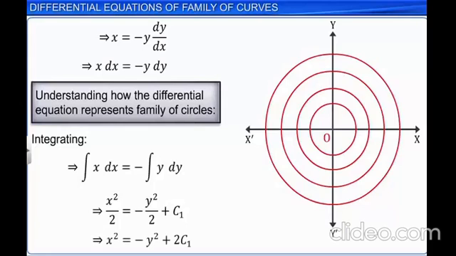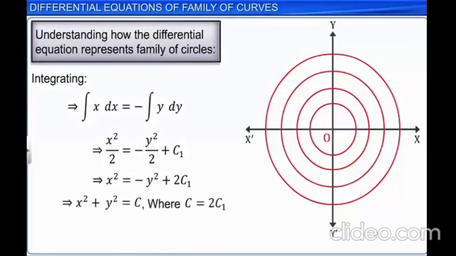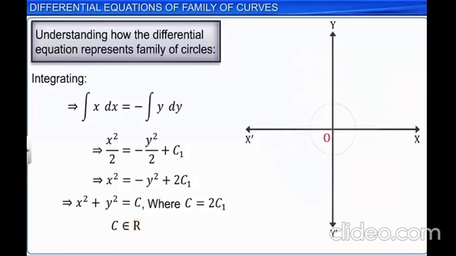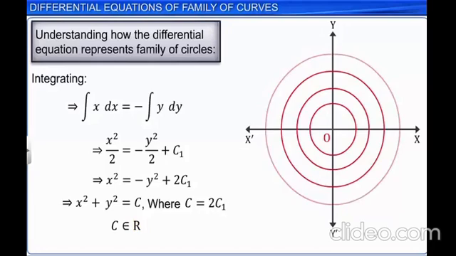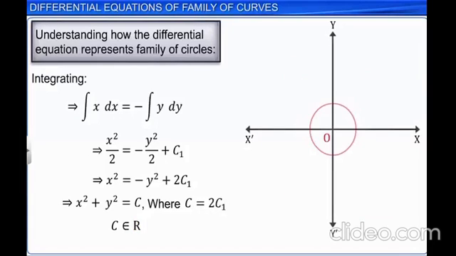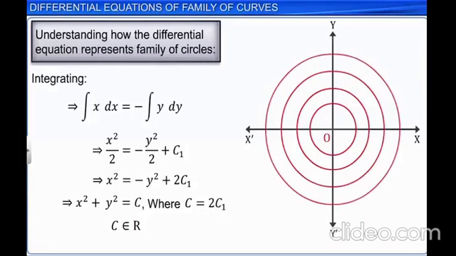This implies x squared is equal to minus of y squared plus 2c1, or x squared plus y squared is equal to c, where c is equal to 2c1. Observe that the constant on the right-hand side can assume any value among real numbers. Therefore, we can assume countless number of circles. These circles are called a family of circles.